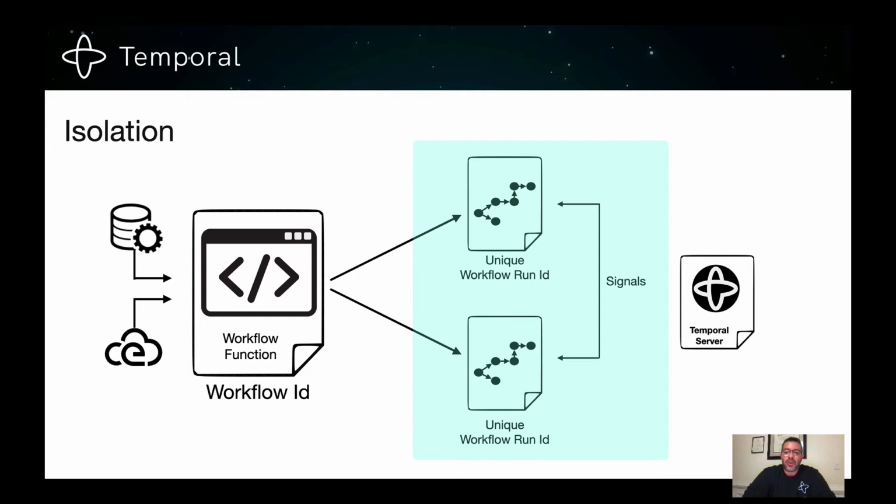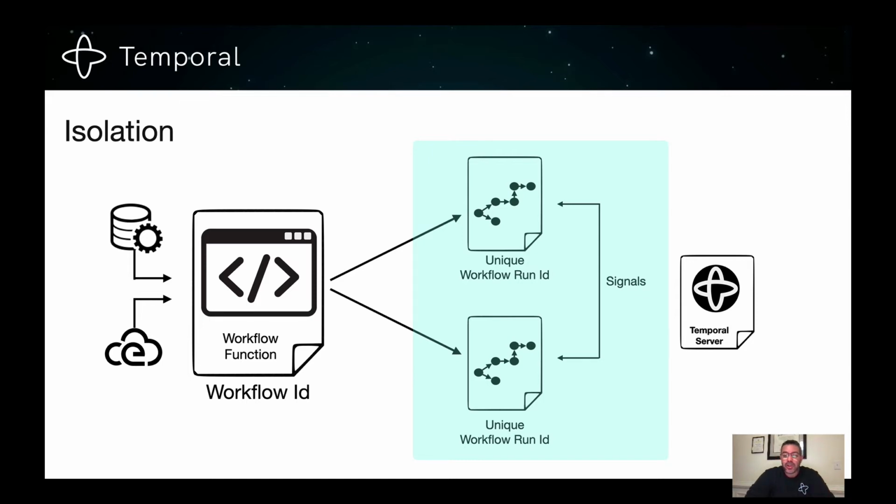Another thing that workflows typically provide, and the Temporal Server does that for us, is something called isolation. Once we execute our workflow definition, we can execute it once or many times, and each workflow execution is going to create something called a workflow run or a workflow instance. A workflow definition can have a workflow ID, but our workflow instances also have a unique run ID.